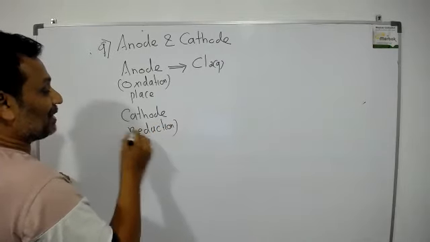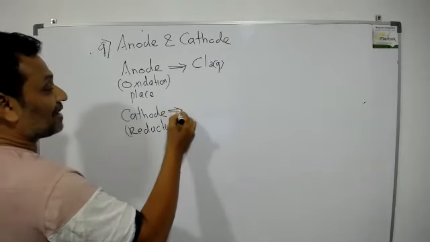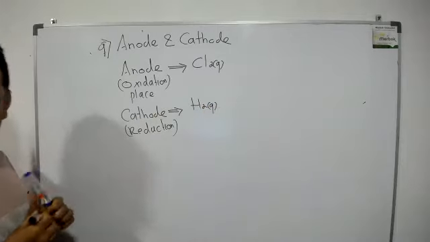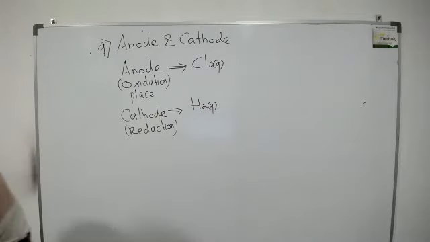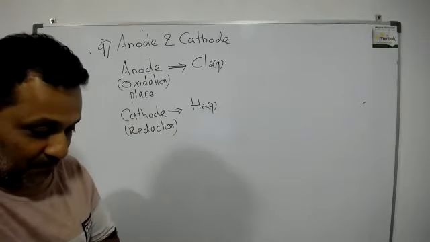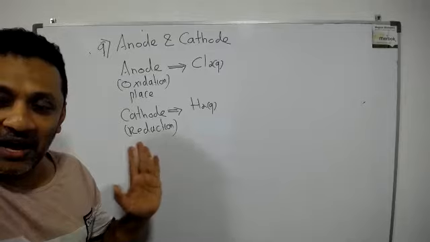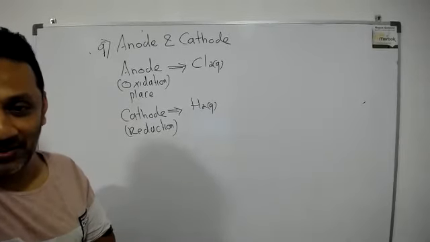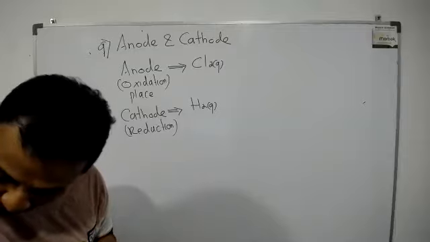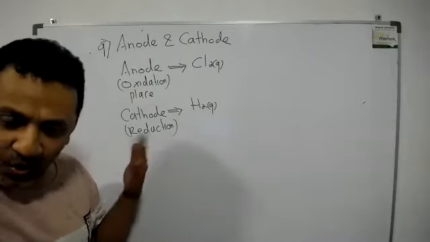In the reduction place, what is the gas made? H2 gas is made. So this is the answer for the 9th one. Are you okay with anode and cathode?